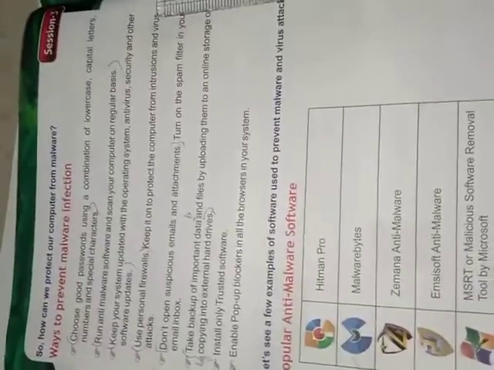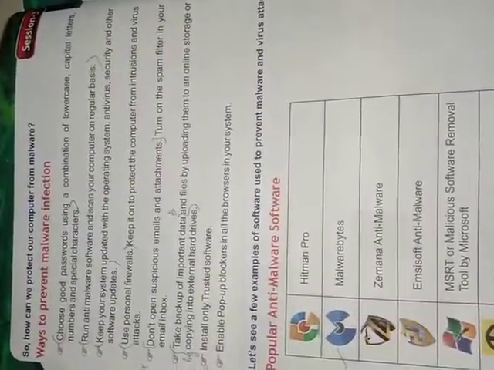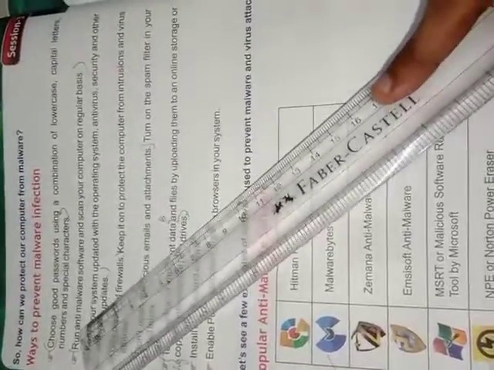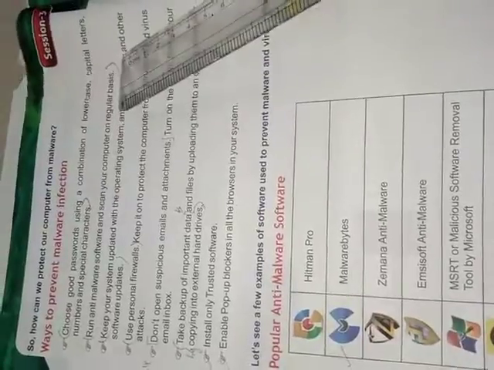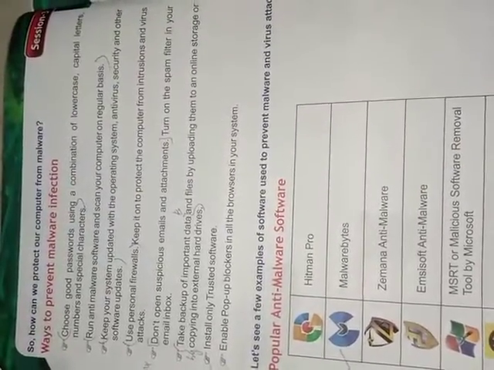When you have a strong password, it is difficult for hackers to hack your data. Run anti-malware software and scan your computer on a regular basis. So regularly keep scanning your computers with anti-malware software.